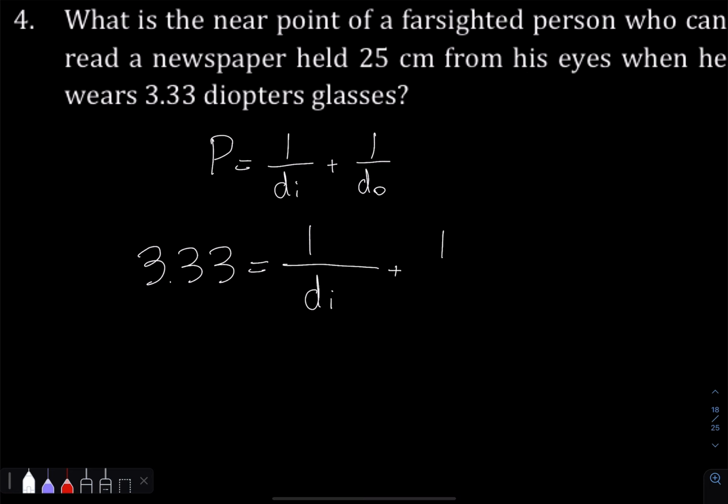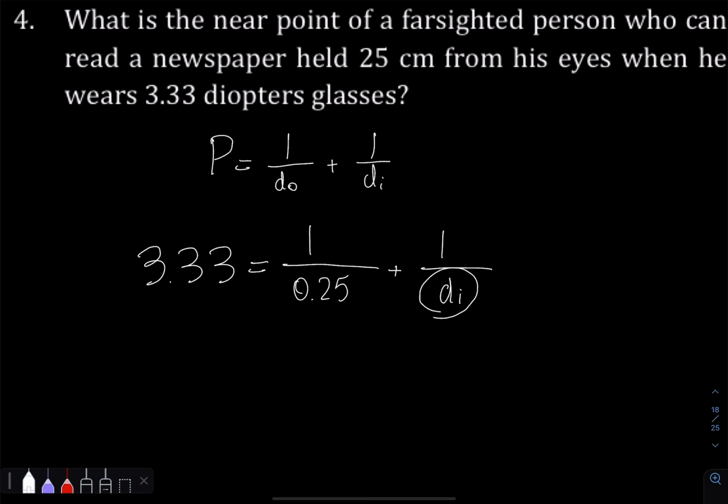So again, just like always, I should have done this. Let me redo this. The object is 25 centimeters from their eye, and the image is over here. The object is, again, going to be 0.25 meters, because we're using this equation.